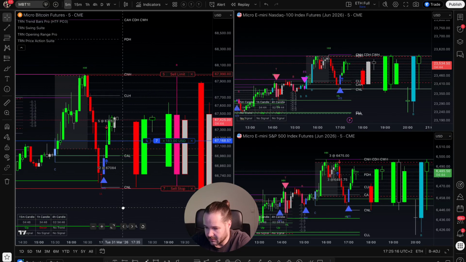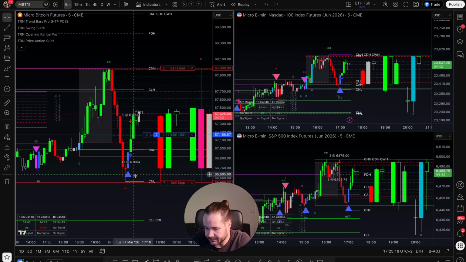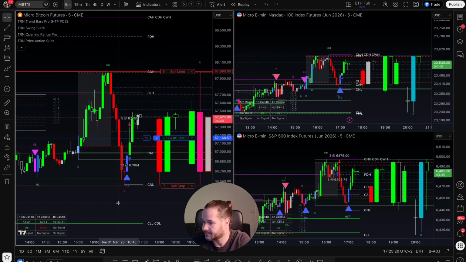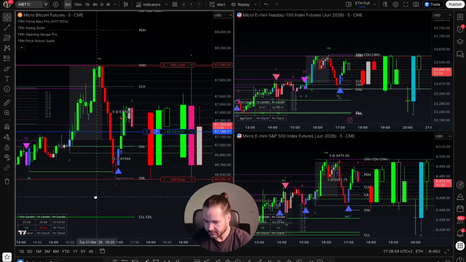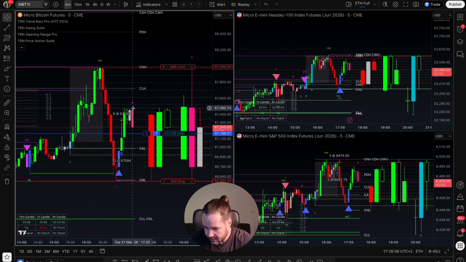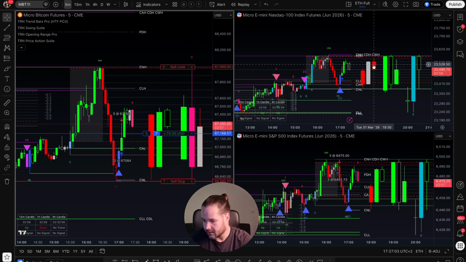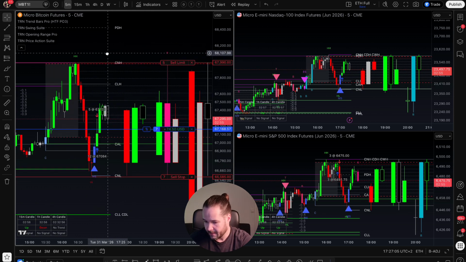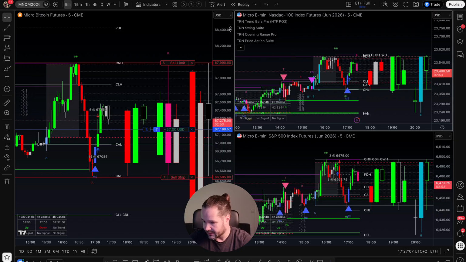So right now it looks good for this trade to play out in the end. Okay, looks like we are getting a little correction now, but it's in the middle of the opening range, in the middle of nowhere, while we still have the interesting levels also on NQ and ES.